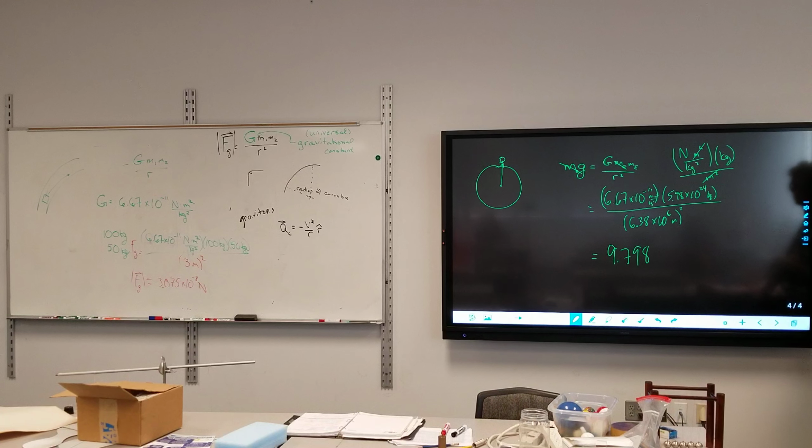It's not Newton kilograms. If you say it that way, you left a word off. Newton divided by kilogram? Yes, Newton per kilogram.